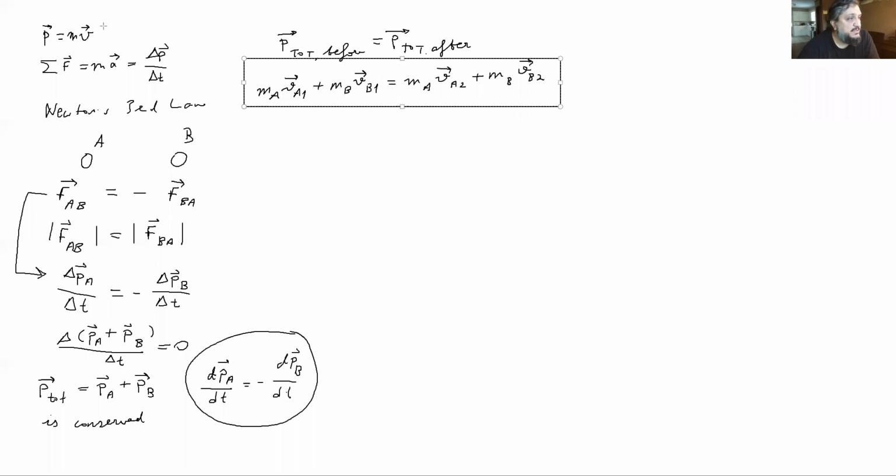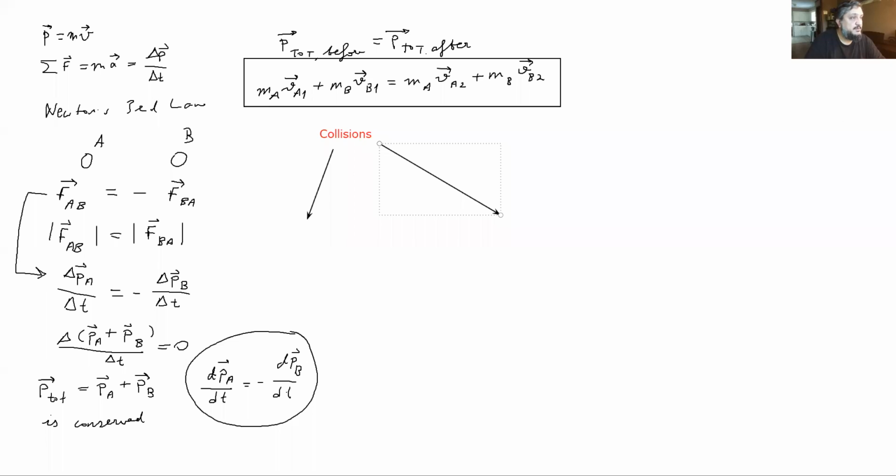All right. Now what we need to do now is a classification. We have to classify the collisions based on two things. The first will be a classification based on geometry. The second, what happens to kinetic energy. So collisions, let's separate this to two types of classification, let's say.